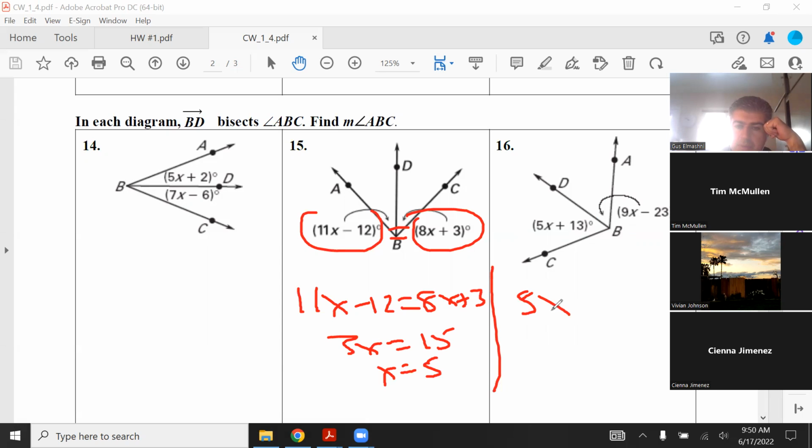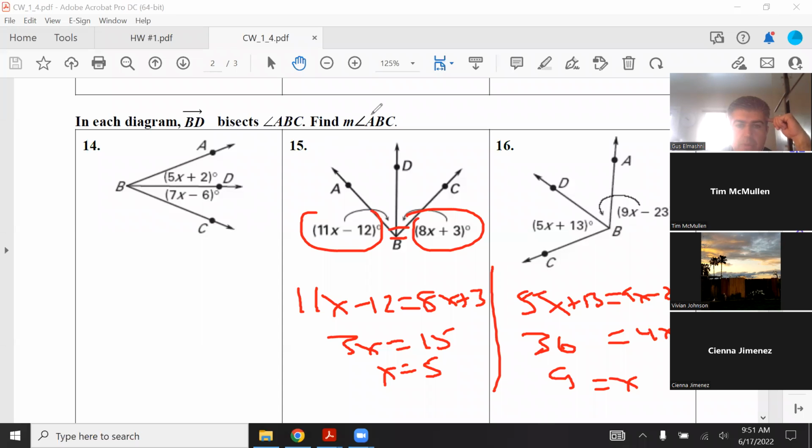Here, 5x plus 13 equals 9x minus 23. So you got to move the 5x from left to right, that's 4x. The negative 23 from right to left, that's 36. X equals 9. But then you're asked to find ABC, the whole thing.